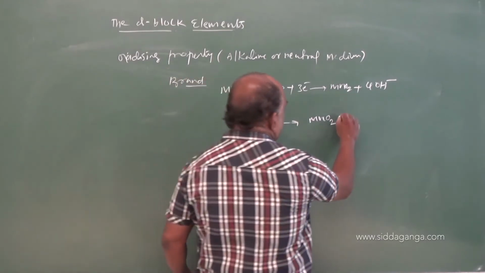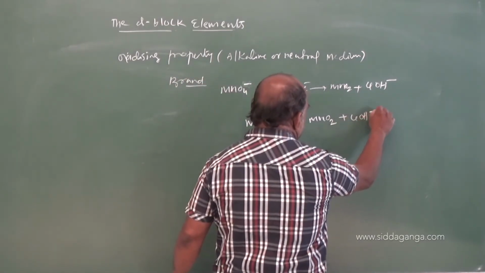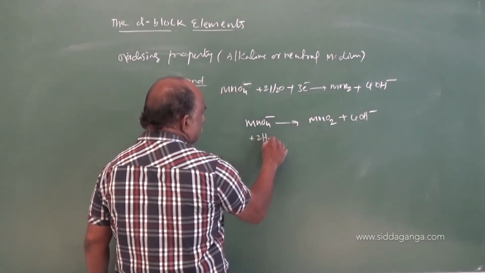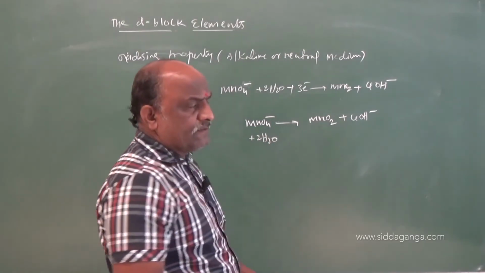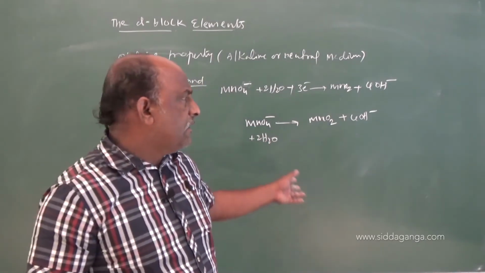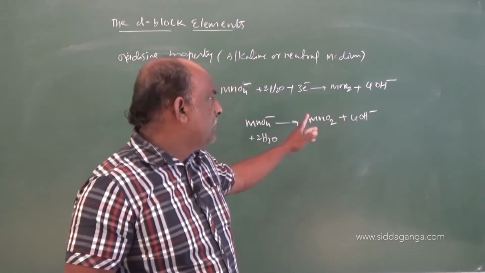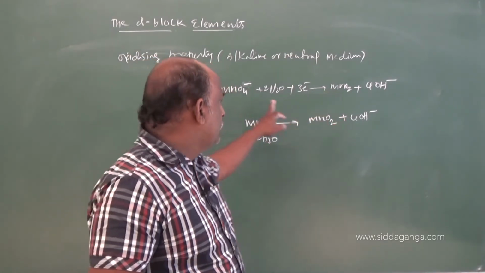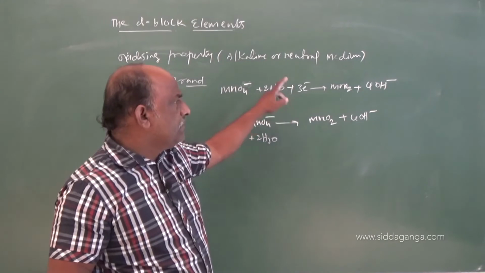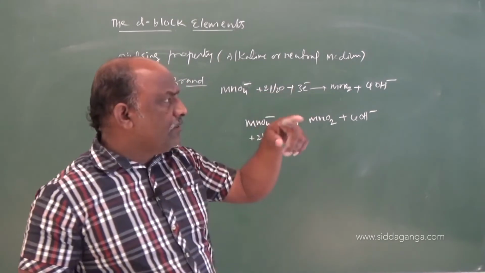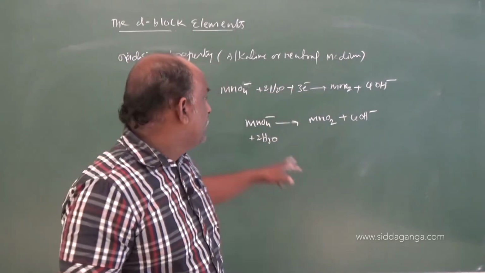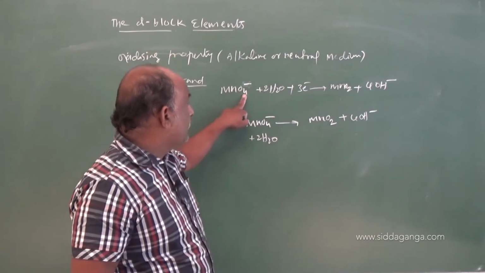That is why we should add 4OH minus on the right side, and add 2 water on the left side. Simple it is. We already did how to add this in first PUC, so no need to think about that. Keep this equation in your mind, because it is very important. So, it is for basic medium.